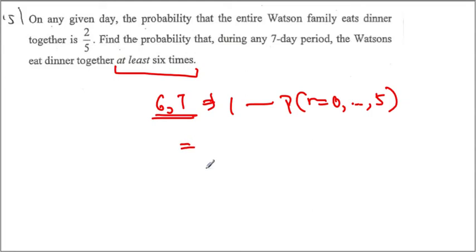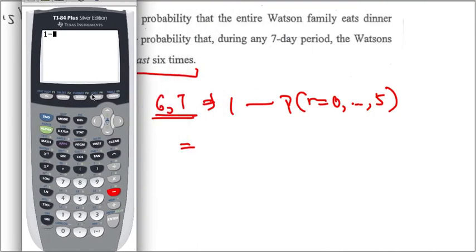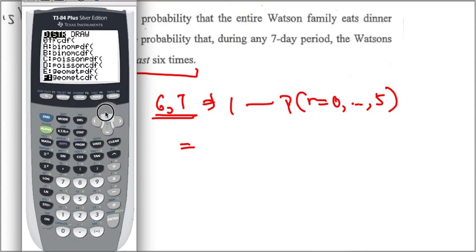Then how are we going to calculate this? So we're going to put this one into the calculator. 1 minus, second distribution binom CDF.